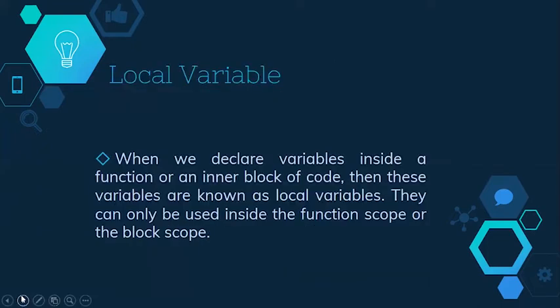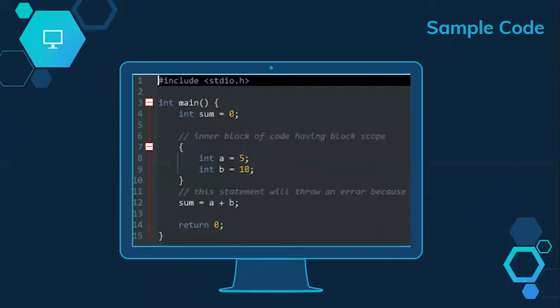So the first one of the scope rules, local variables. When we declare local variables inside a function or an inner block of code, then these variables are known as local variables. They can only be used inside the function scope or the block of code. Again, let's look at this code here. We can see in the output that if we run this code, there will be an error, because we are using A and B variables outside the block.